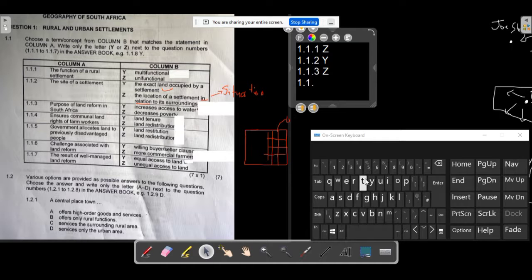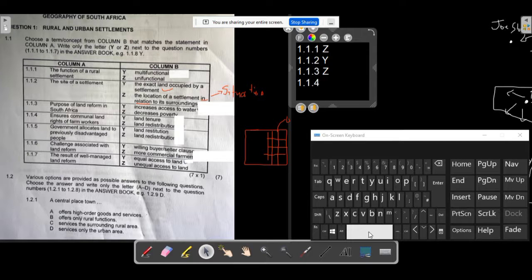So 1.1.4. For 1.1.4, it says ensures communal land rights of farm workers. Okay, ensures communal land rights. So what is that? Is it land tenure or is it land redistribution?